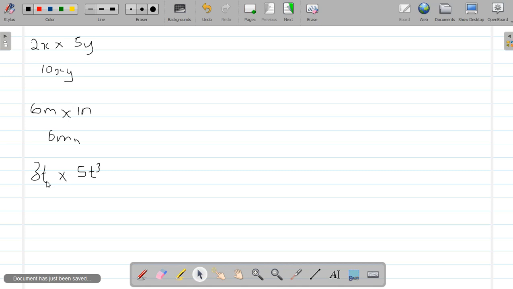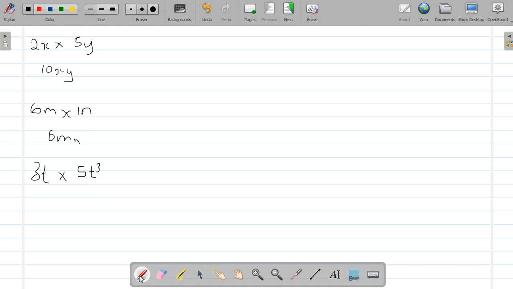So the difference between this example and the earlier examples is that these have the same variables, but those had different variables. And how do we solve a question like this?